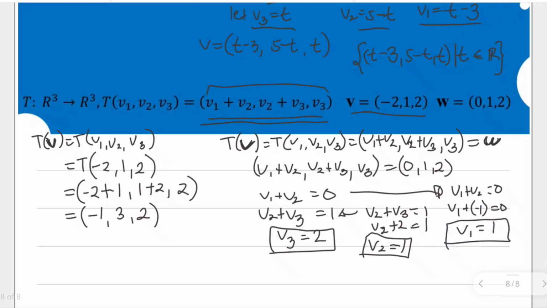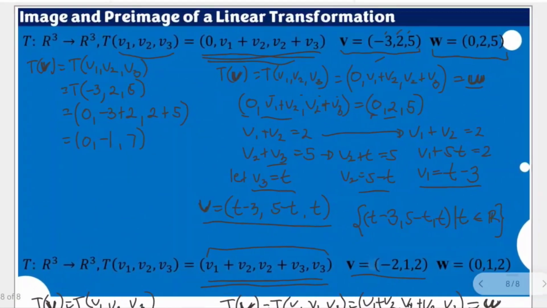Unlike earlier, where we represented the pre-image of W with an arbitrary constant t, here we have an exact one. So the pre-image of our vector W, which is vector V, has components 1, negative 1, and 2. So this is how we solve the image and pre-image of a linear transformation under R3 to R3. Thank you very much for watching.